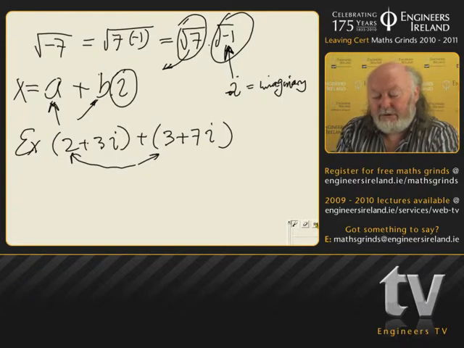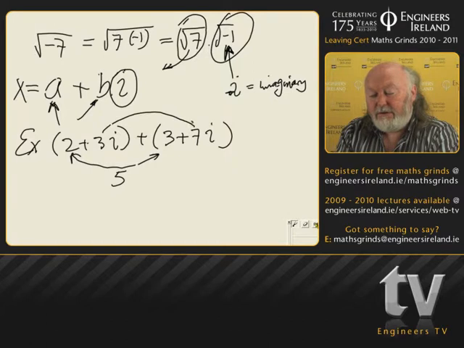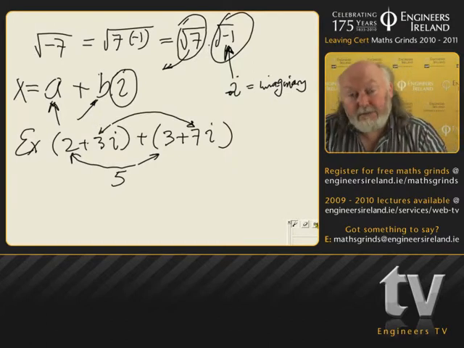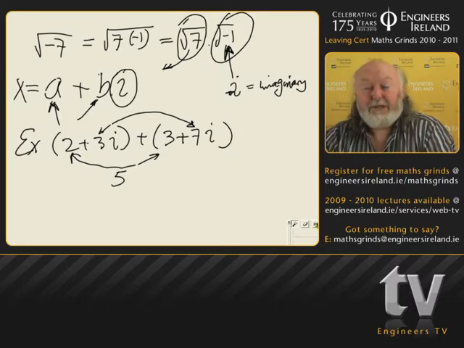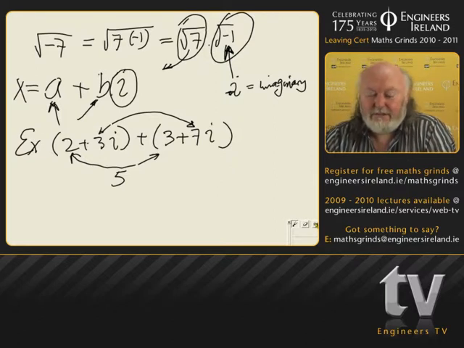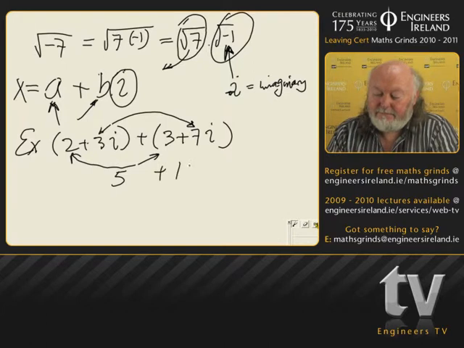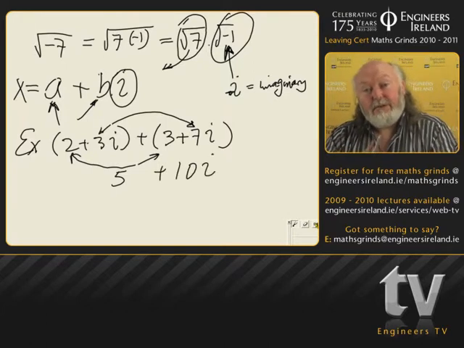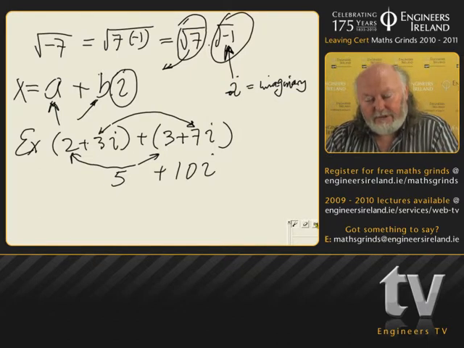Those two are going to give you a 5. And you get to add the imaginary bits together. Because, remember, that i letter, you can give it any name you like, you can call it an apple. Well, 3 apples and 7 apples is 10 apples. So, 10i. Adding them is easy. Add the real bits together and add the imaginary bits together.